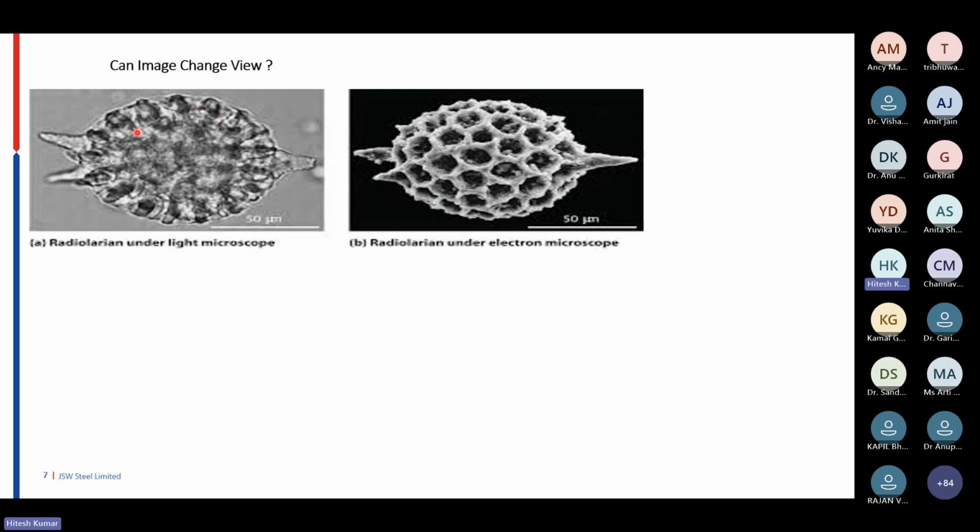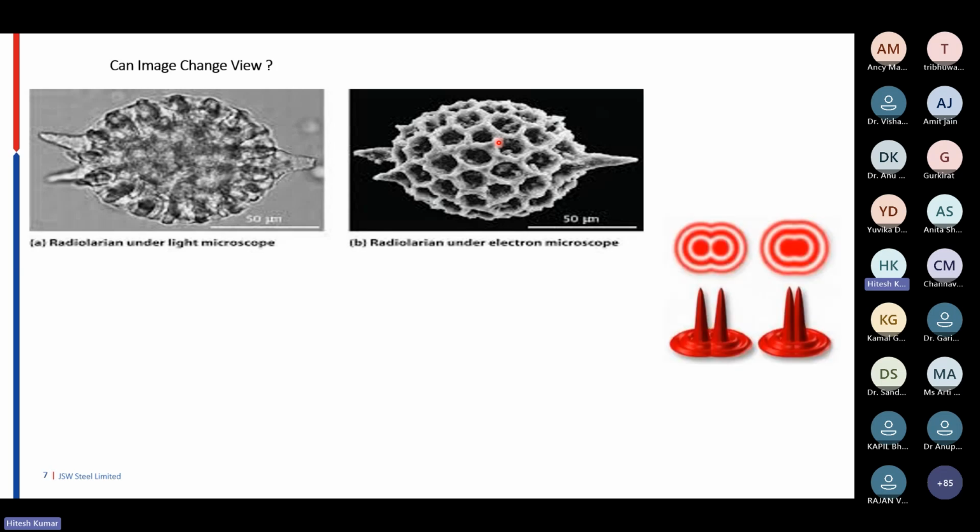If you can see, the resolution was quite bad, so you are not able to judge how fine the pore system is. But if you use electron microscopy, you can see the fine microscopic porous system.